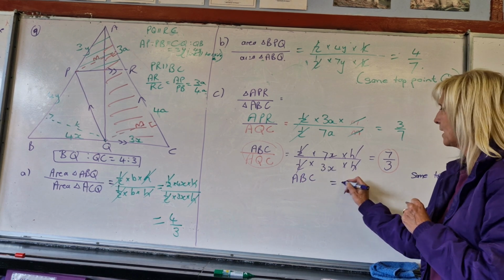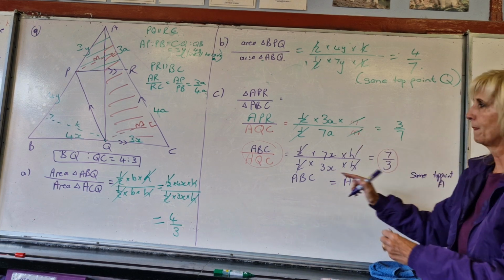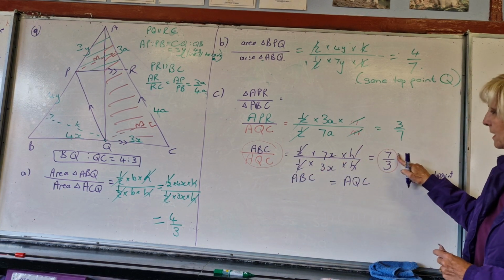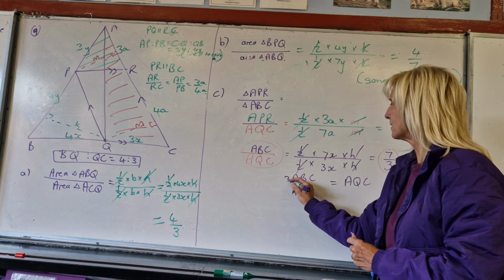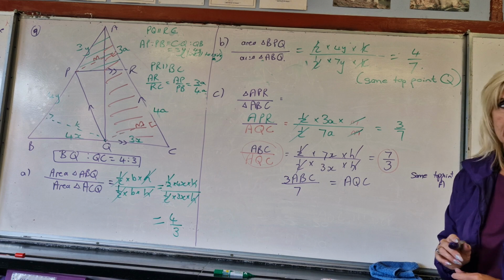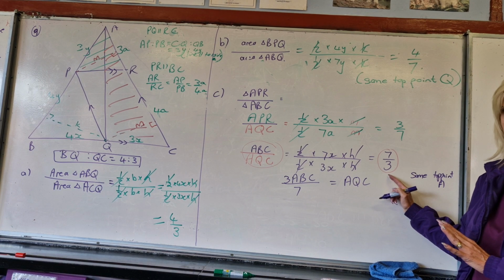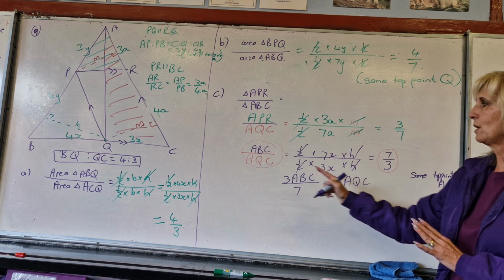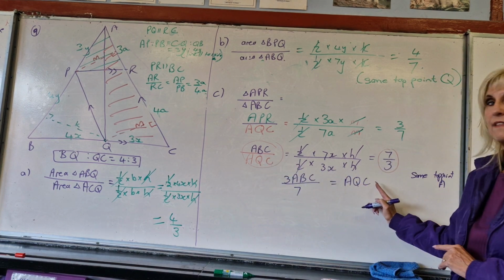I'm going to take the AQC to this side, doing the cross multiplication thing, cross multiplying it here. But then what about the 7 and the 3? I'm going to cross multiply again over this side to get the 3 over 7. Or divide by 7 over 3 for a start. So you're taking the 7 over 3 down to the AQC and the AQC to the other side.